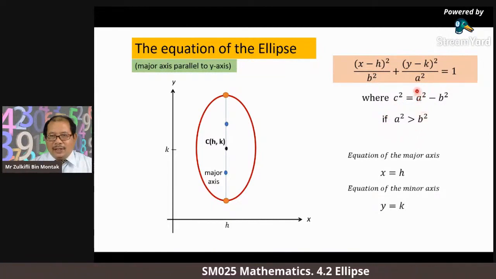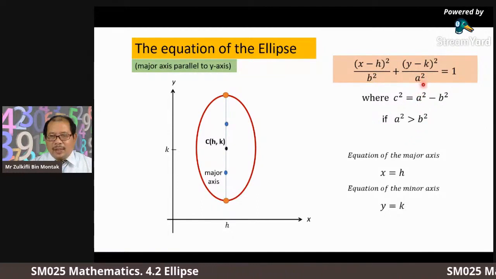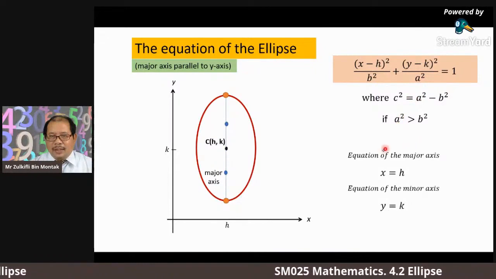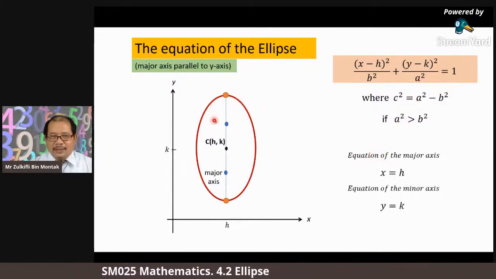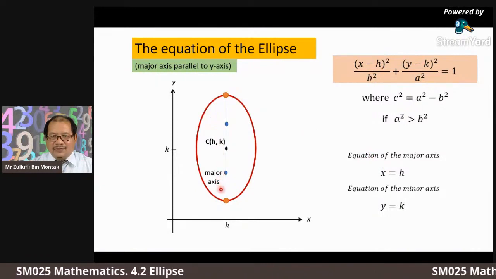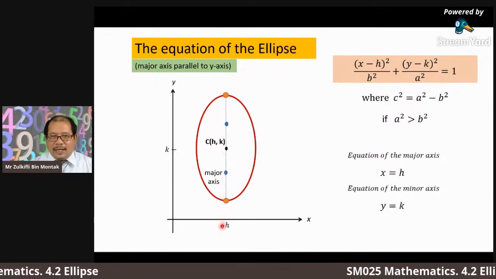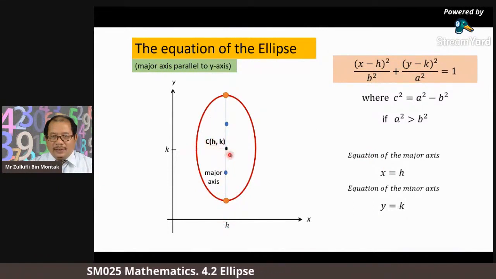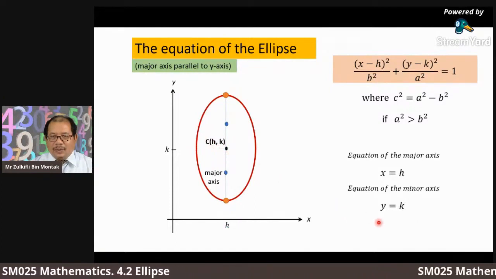Now the value under (y minus k) square is a square, where a is greater than b. The equation of the major axis for this ellipse is x equal to h, and the equation for the minor axis is y equal to k.